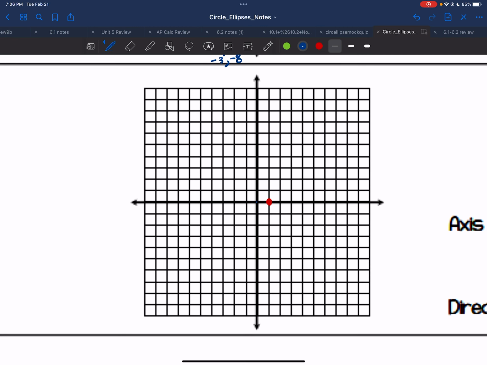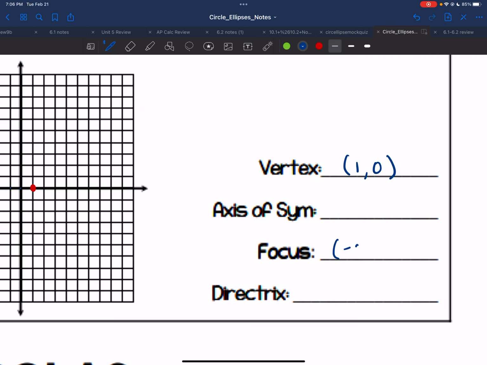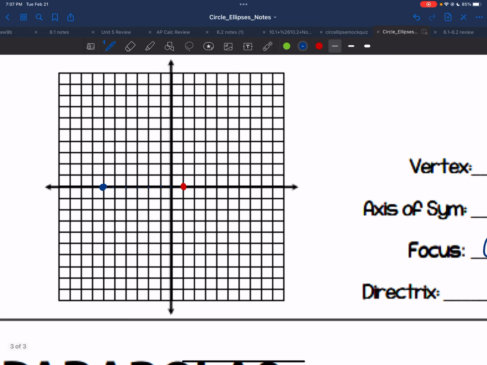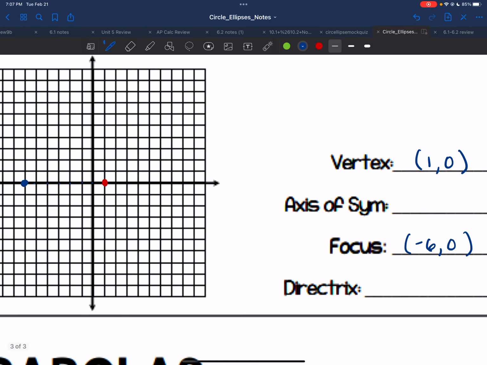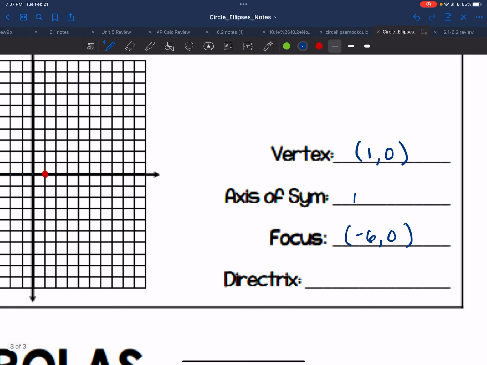So 1, 2, 3, 4, 5, 6, 7. Okay, so my focus is (-6, 0). And then that axis of symmetry goes straight through those two, which is just my x-axis. So my axis of symmetry is y equals 0.